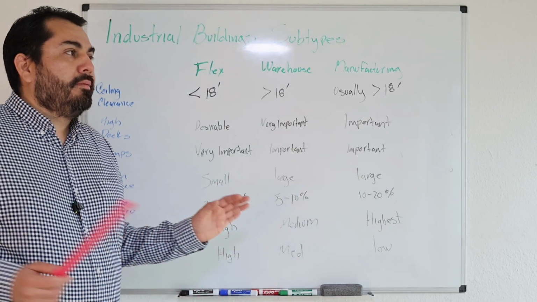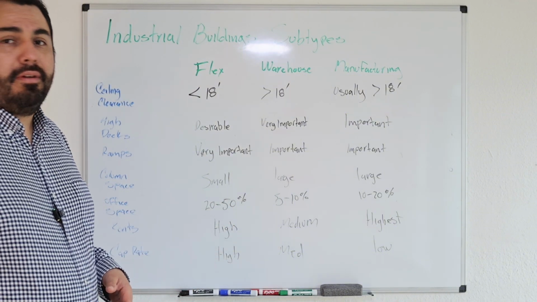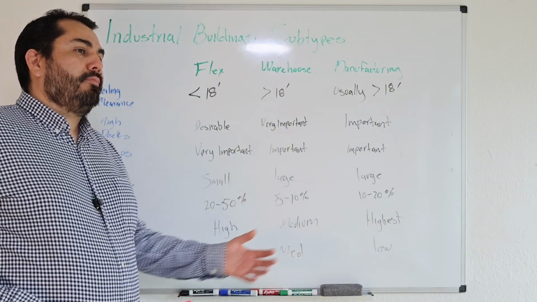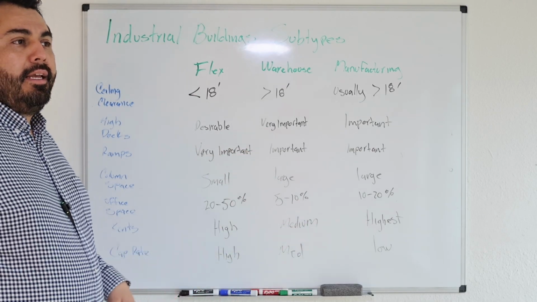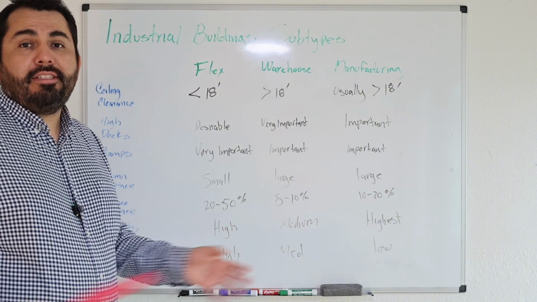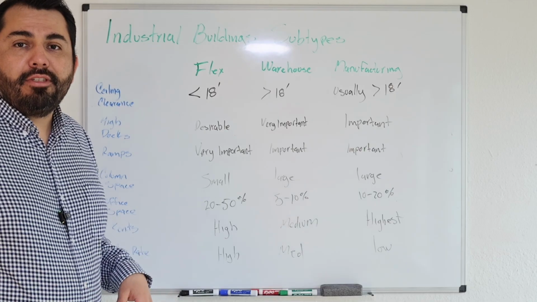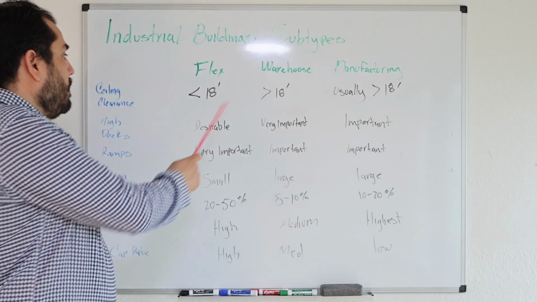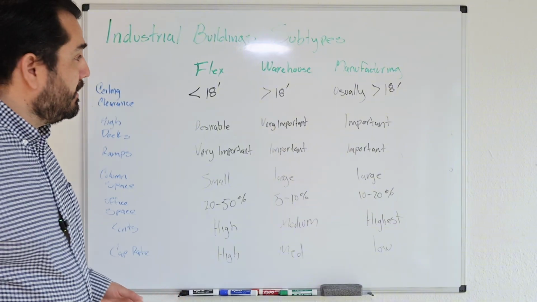Say it's a construction company: they have some materials in the warehouse, and they just pick up the materials and go do the job in the city, maybe 10 or 20 minutes away. So they don't need racks or big clearance.